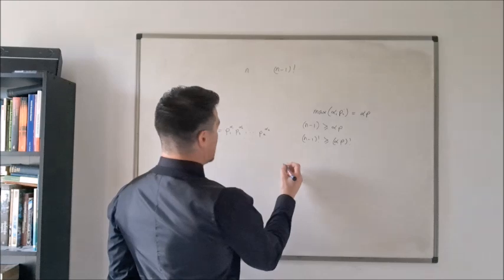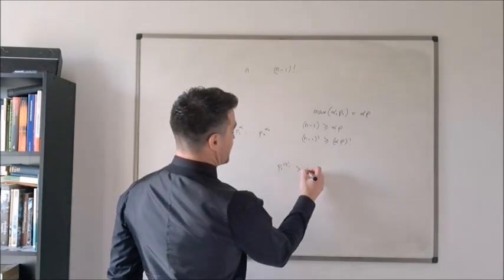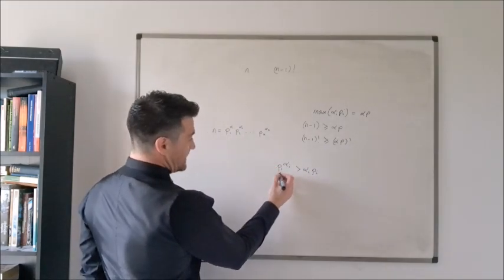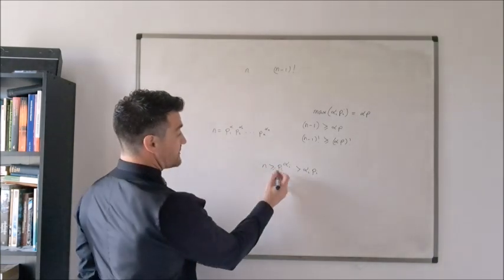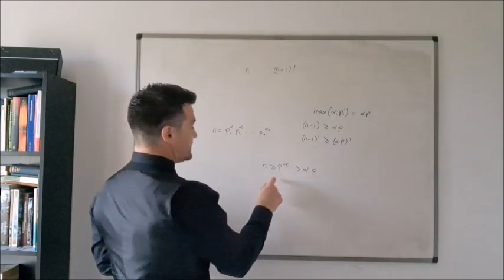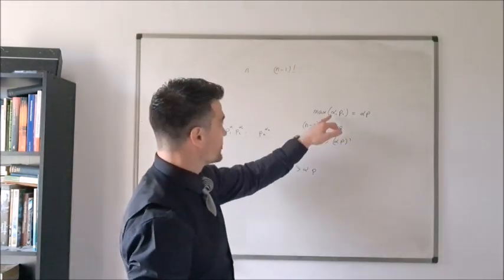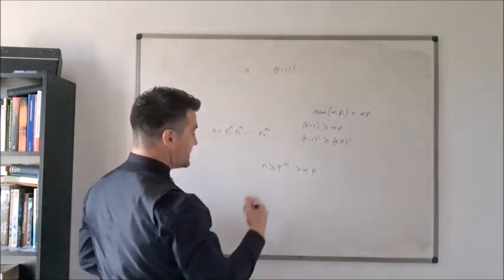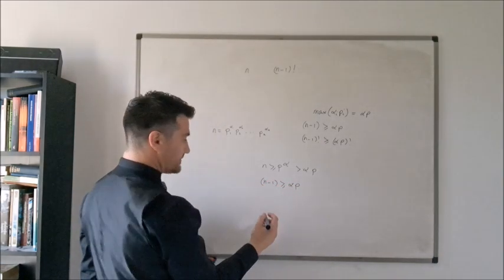So let's say pi to the power of alpha i is greater than alpha i times pi, because in that case, n will be greater than or equal to pi to the power of alpha i. Maybe I should have stuck with p and alpha actually. It's going to be greater than or equal to p to the power of alpha. Remember, p to the alpha is the greatest amongst these alpha i, pi, greater than alpha p. So that means that n minus 1 is going to be greater than or equal to alpha times p.